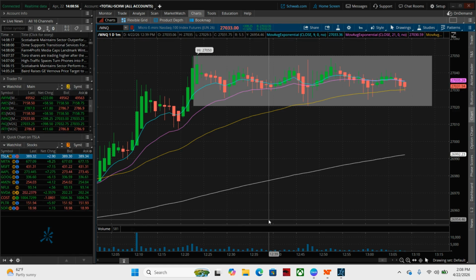So just mark where the market closed and where the market opened. If there's a gap in between, you could easily just practice with paper money and try to buy it. For example, if it is a gap down, buy at the low of the candle, and then just leave it.